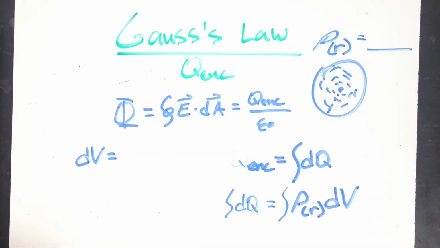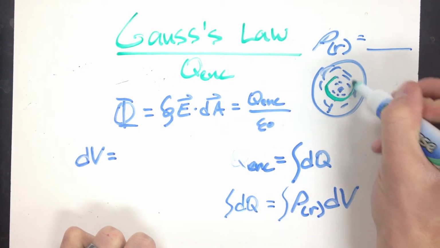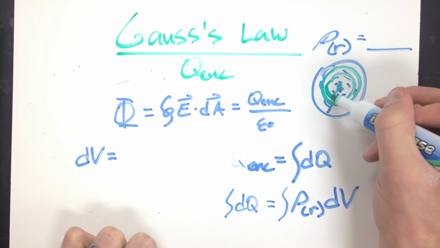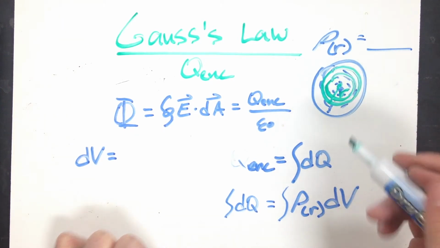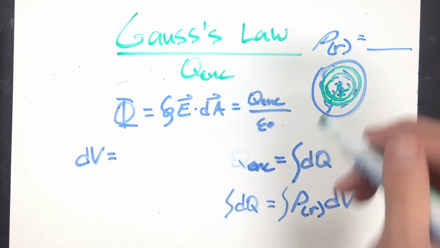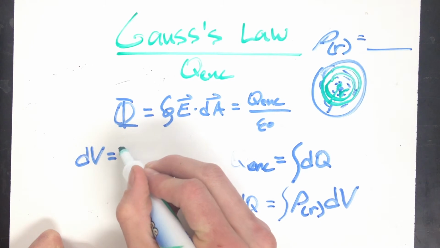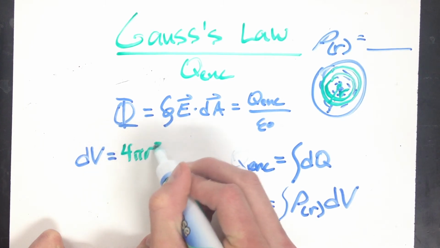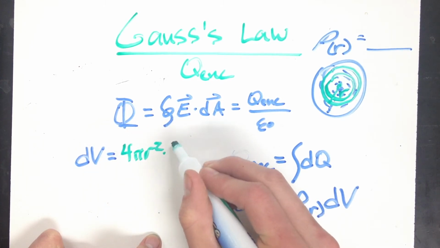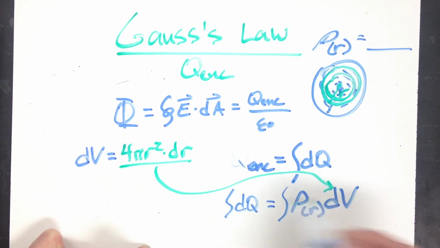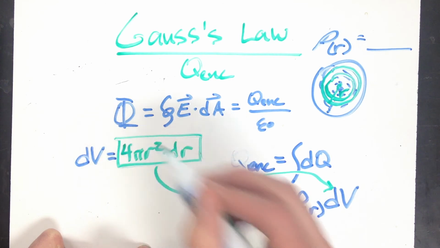I'm going to take a very small little shell like this, and say it's out a distance little r, but it's got a thickness dr. The volume of this shell would be the surface area of the shell, which is 4 pi r squared, times the thickness, which is dr. And you can replace dV with that right there.